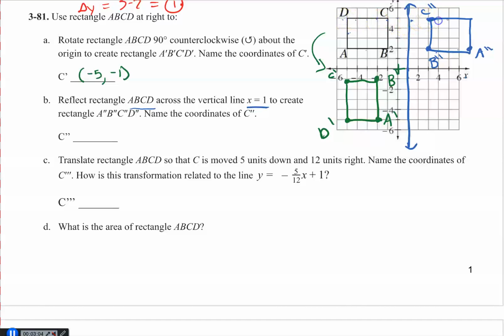So 1, 2, 3, 4, 5, 6. That's going to be D double prime. I'm supposed to do C double prime. There it is. That's going to be 3, 5. All right. Go ahead and try C and D.